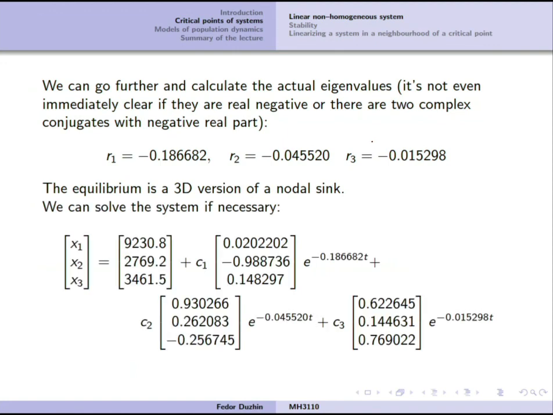As t approaches infinity, everything flows towards the equilibrium. The only difference is that the equilibrium itself is not the origin, but rather this point, which means that as time goes by, the level of sugar in the first tank is going to approach this number, the level of sugar in the second tank is going to approach this number, and this number in the third tank.